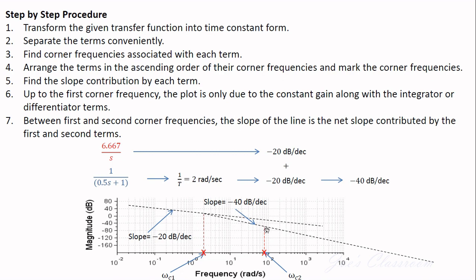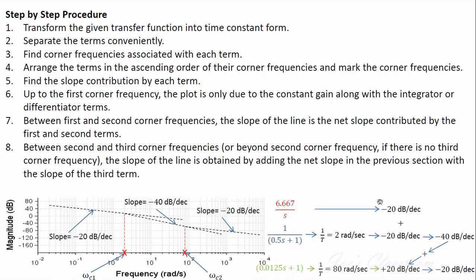That's it. Then what about the frequencies greater than this second corner frequency? From the second corner frequency, the third term is also going to contribute, and therefore I have to take the slope of all of them. Minus 20 plus minus 20 is minus 40, and to that you have to add the slope contribution by the third term, which is plus 20, so it is going to be minus 20 decibels per decade.